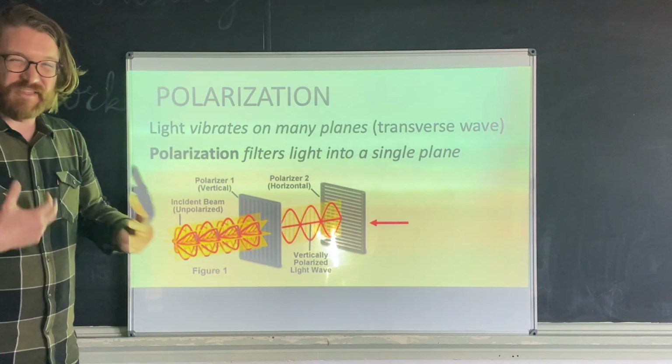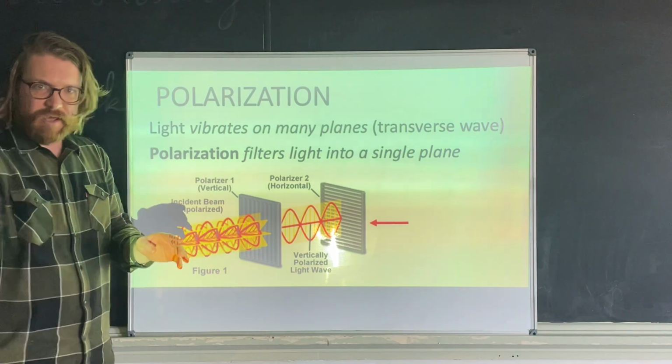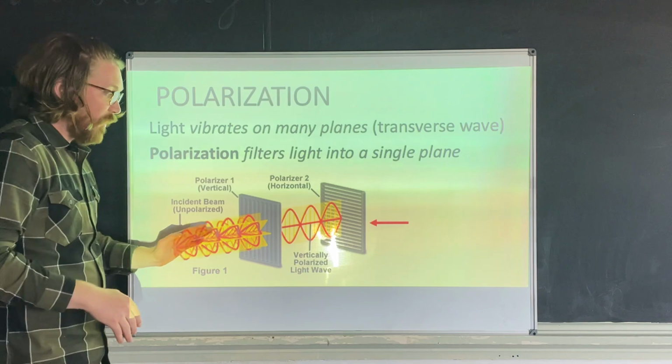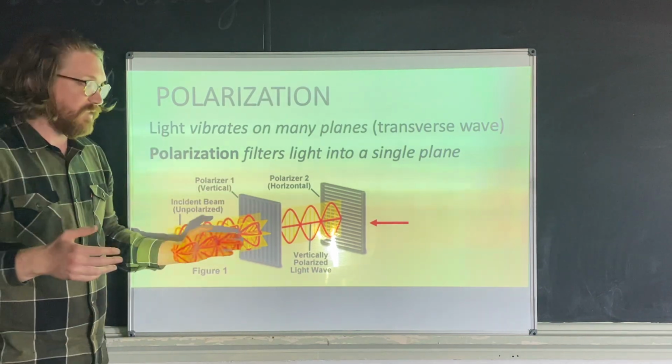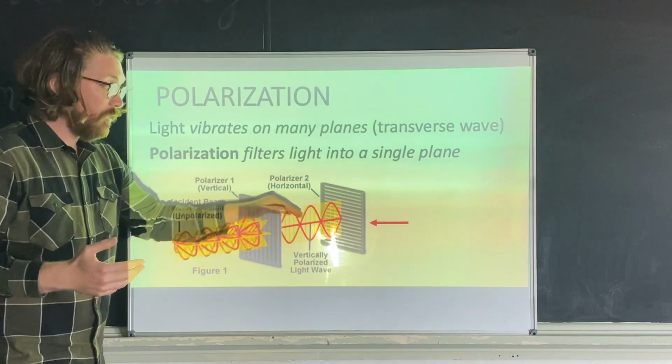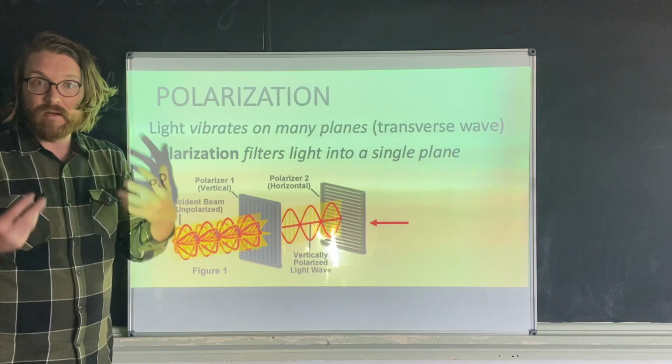So what happens to the light as it goes through? Well, this light, which is vibrating up and down and left and right and diagonally, when it goes through this vertical filter, the only vibrations that come out of the other side are vertical vibrations, right? We're left with a single plane of light.